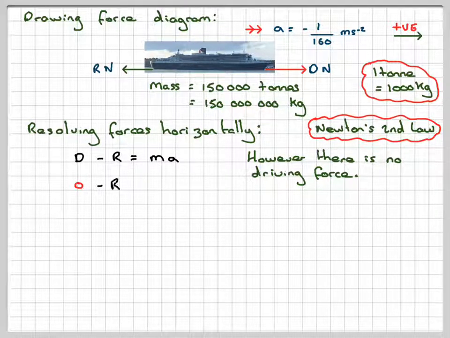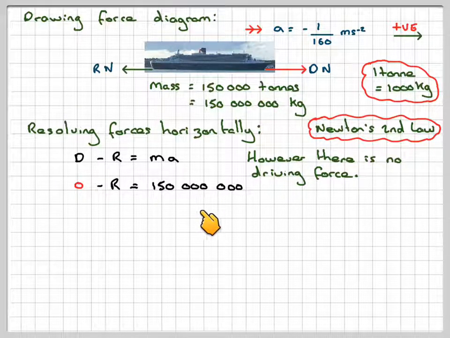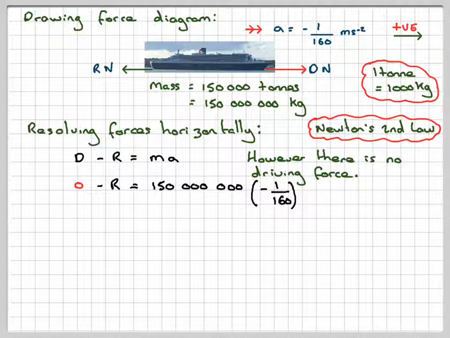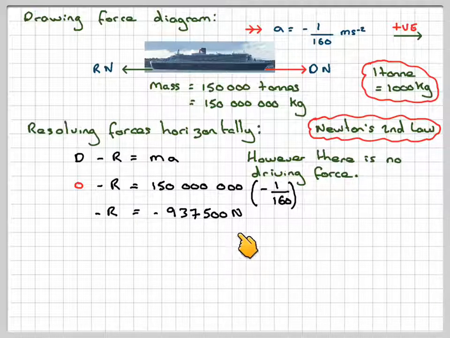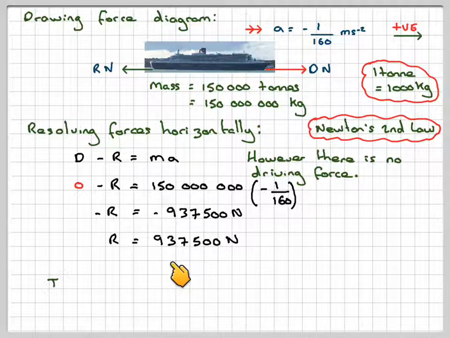So 0 minus R will be equal to 150 million times my acceleration, which is minus 1 over 160. So minus R is equal to minus 937,500 newtons, and therefore the resistance will be 937,500 newtons.